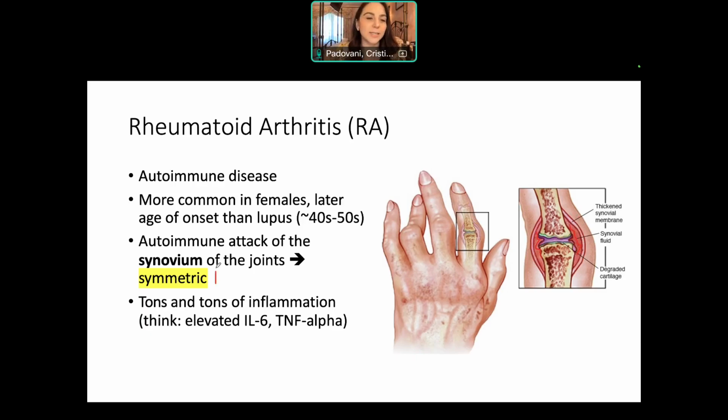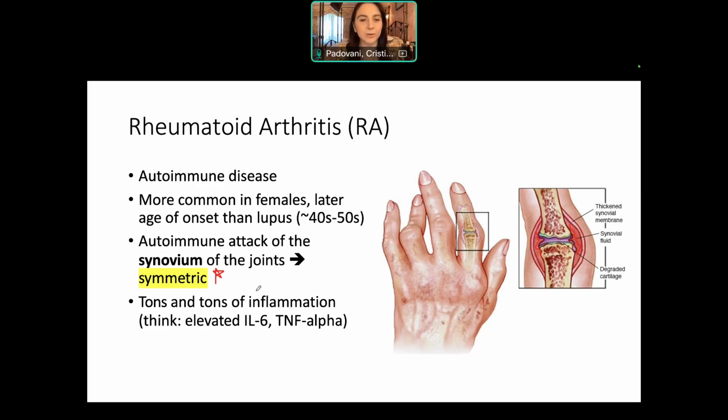Something to look for is this is a symmetric arthritis. So a lot of the times they'll put this with the types of inflammatory arthritises or seronegative arthritises, when they're comparing and contrasting these. So what you're going to look for, which will really help you with rheumatoid, is that this is symmetric. So you're going to see it in both of your hands, not just one hand or one part of the body.